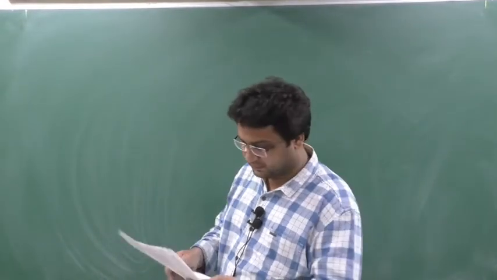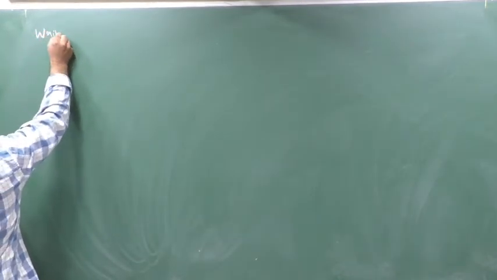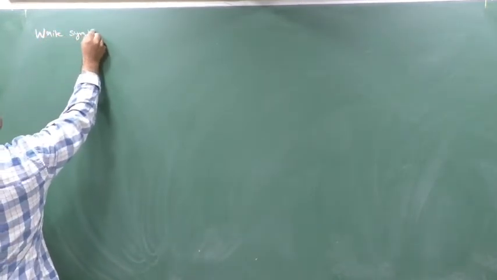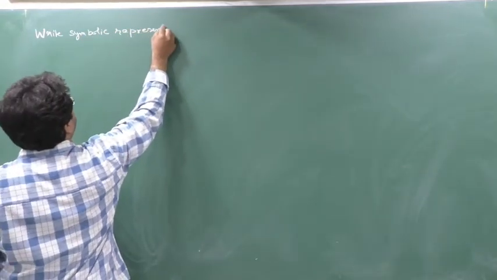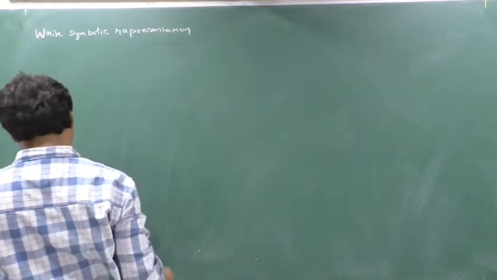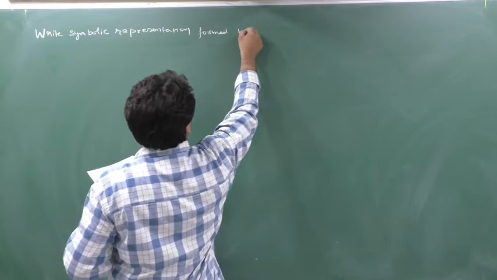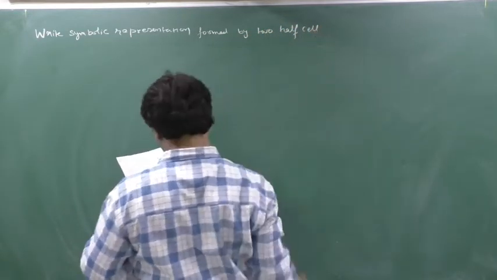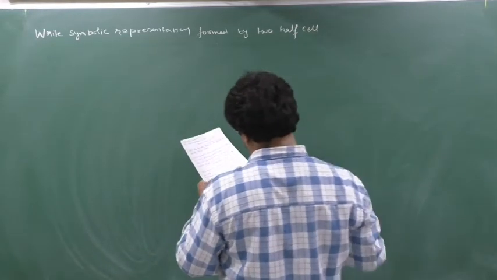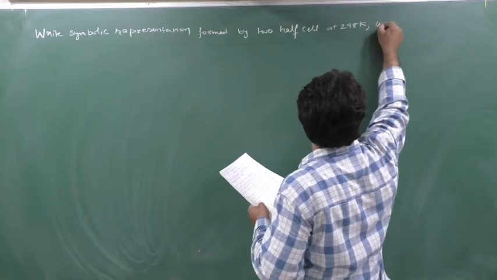Write down. Chalo. Next question also same. Write the symbolic representation formed by two half cells at 298 Kelvin, right?